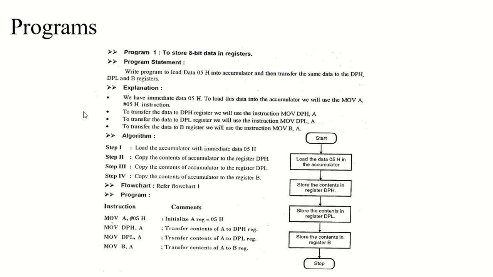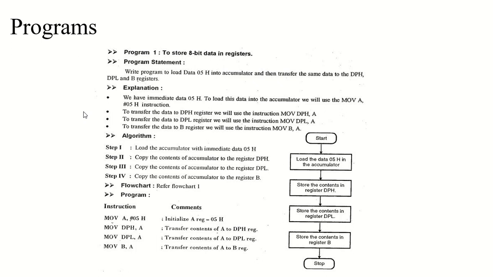So first, what instruction we have to use should be clear, and without that it would be almost impossible to do programming in not only 8051 but in any controller. So first you have to move the data 05H into the accumulator. For that, what instruction is more suitable? MOV A comma 05H, this instruction with immediate addressing mode is perfect for such kind of operation, so we are going to use that.